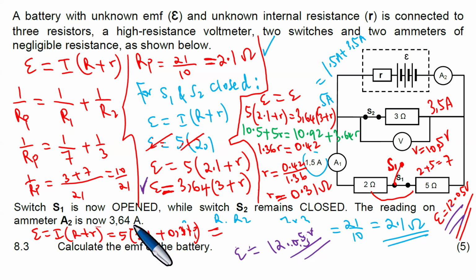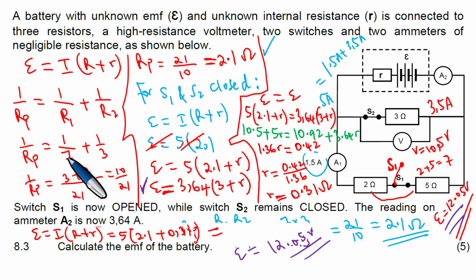Why did it decrease? Because switch S1 is opened. If switch S1 is opened, what is happening to the equivalent resistance? So S1 is opened, it means we removed these two resistors, right? And by so doing, the equivalent resistance was 2.1.